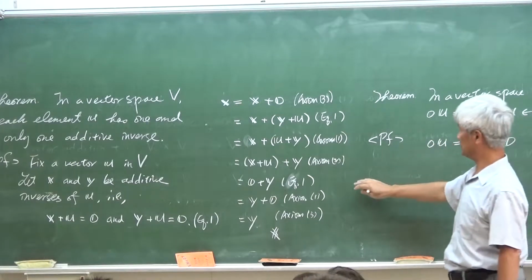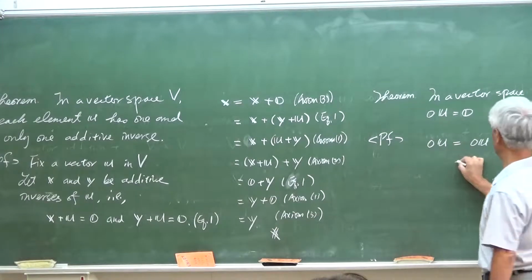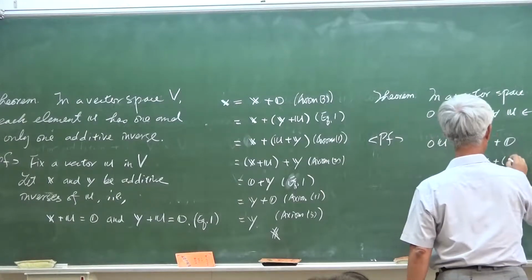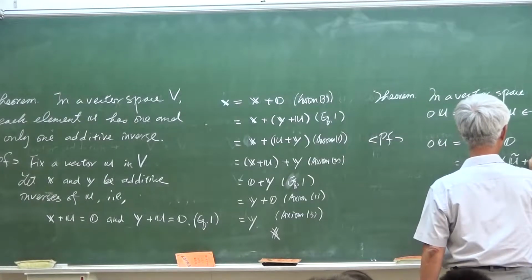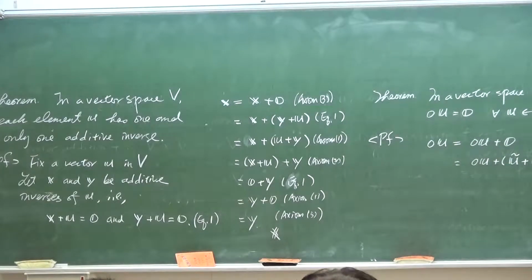By axiom 3, the property of the 0 vector, this vector added with the 0 vector will be the same. Now we have u plus the inverse of u, because u has an inverse, and this inverse added with u is equal to 0.